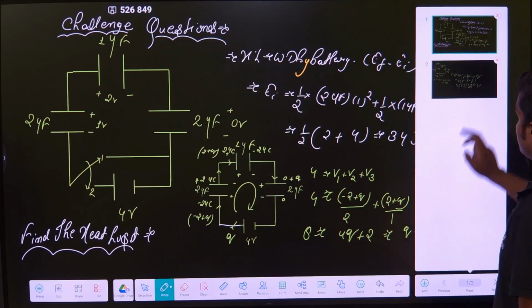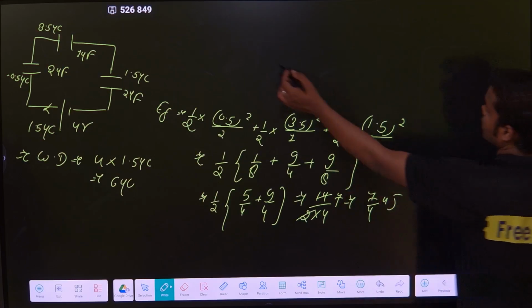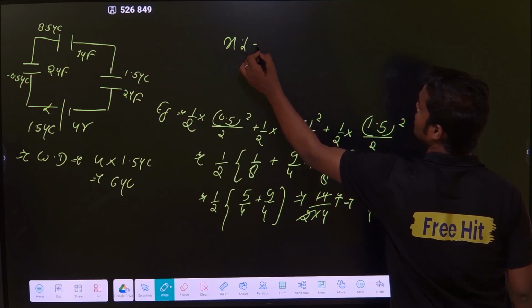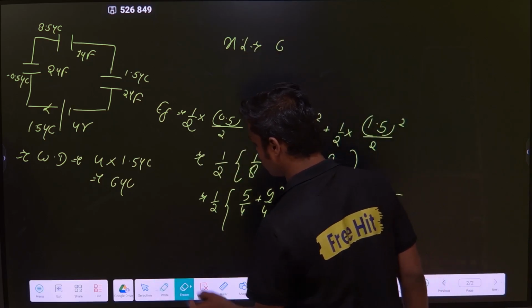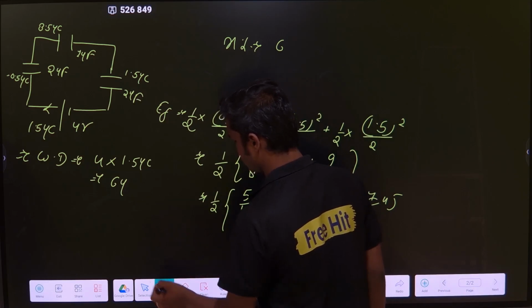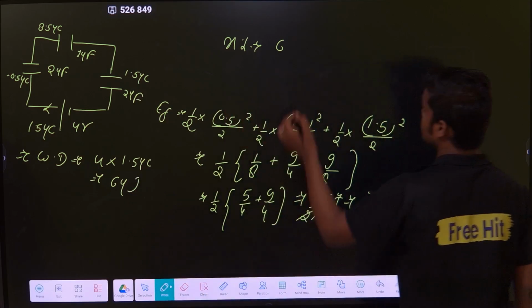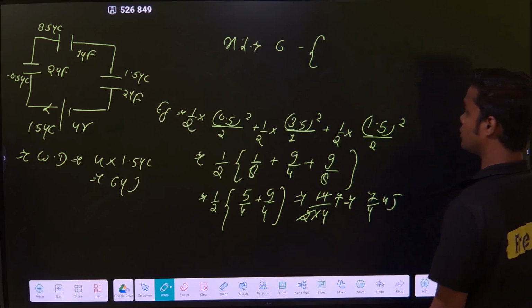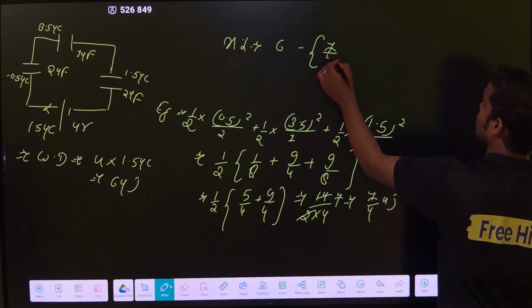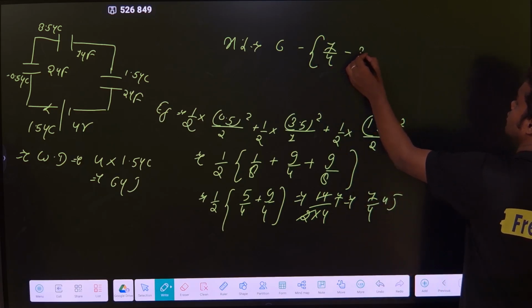So now can you tell me what the heat loss is? Heat loss is very simple. That will be 6 microjoule, not microcoulomb, minus the final energy, which is 7 by 4, minus the initial energy, that is 32.